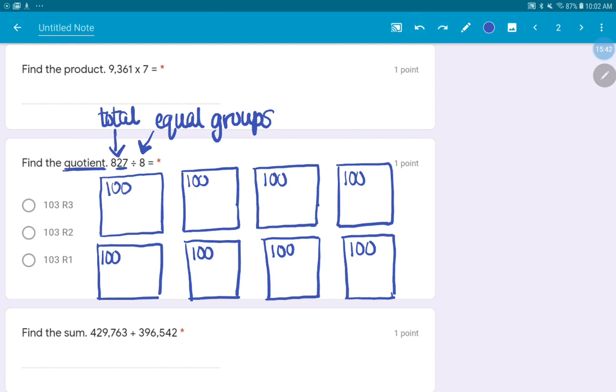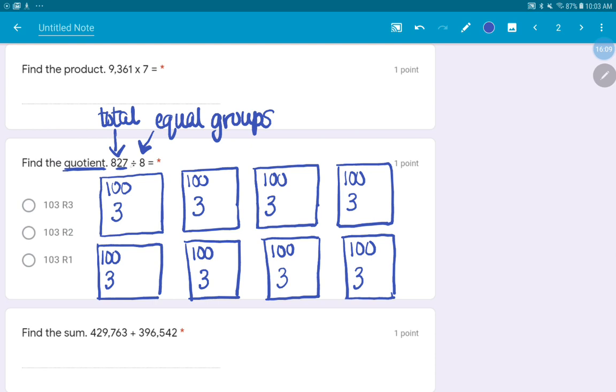Okay, so Owen's thinking 3. Why are you thinking 3, Owen? I don't know. I just kind of think it's 3. Well, let's just try 3. All right, here we go. 3, 6, 9, 12, 15, 18, 21, 24.